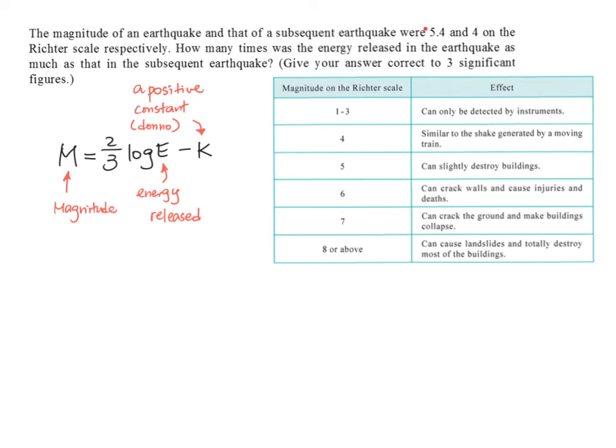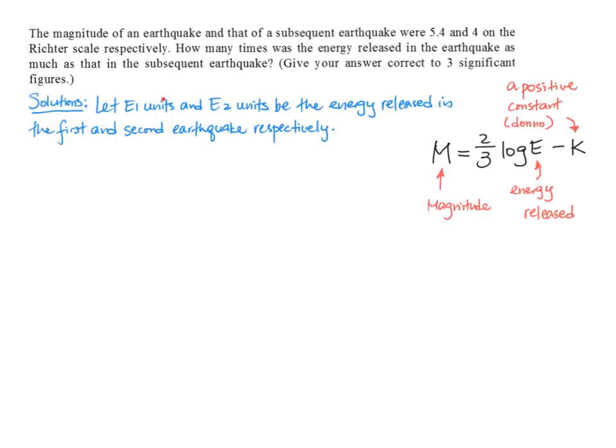Obviously the first one would have more energy, and we want to know how many times it is compared to the second one. So we first let E1 be the energy associated with the first earthquake with M equals 5.4, and E2 be the energy associated with the subsequent one with magnitude 4.